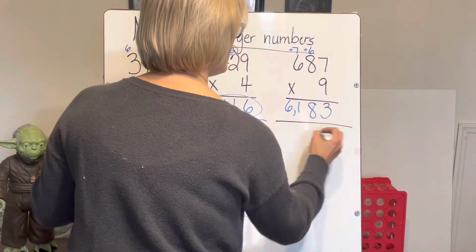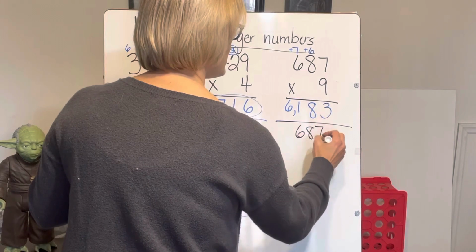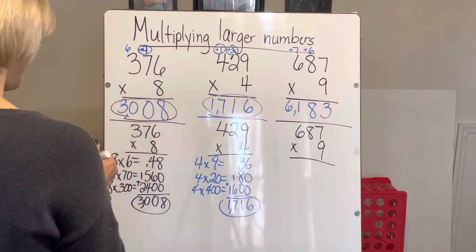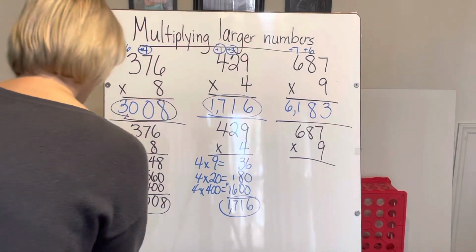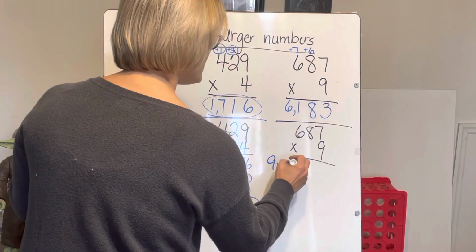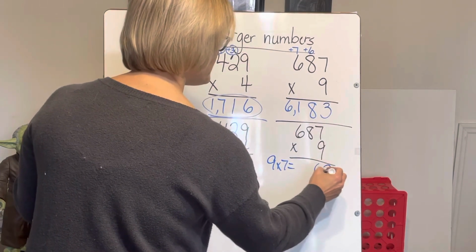All right, the last way to do this is the partial product way. Again, we have 9 times everything. So we have 9 times 7, which is 63.